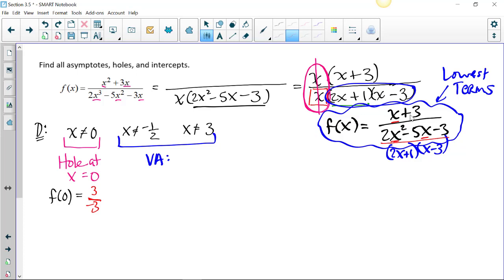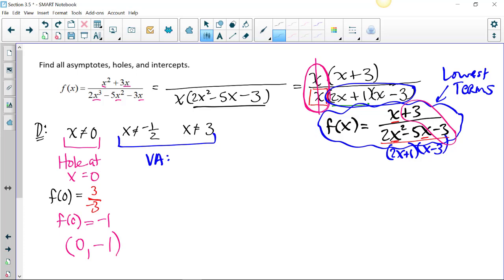In a rational function, the ratio of the constants will be the y-intercept. So that means f of 0 is -1. Okay, so the location of the hole would be 0, -1.